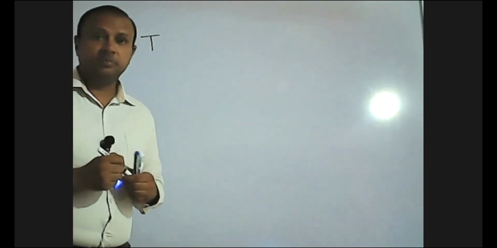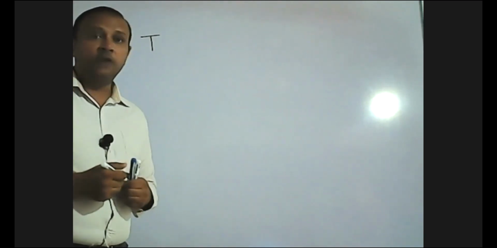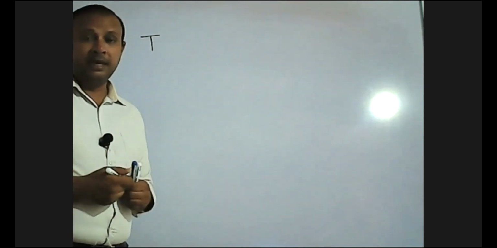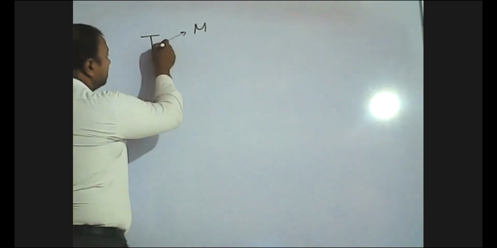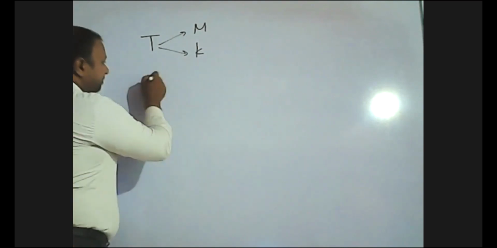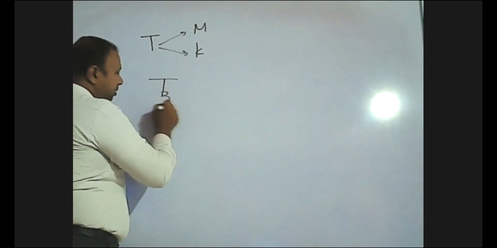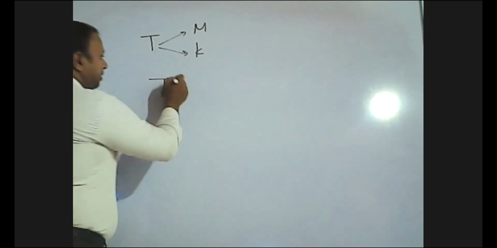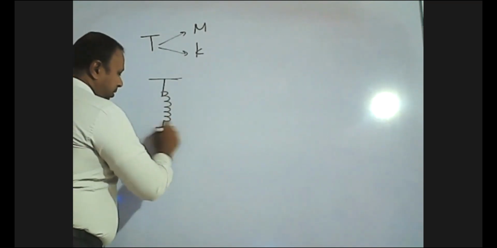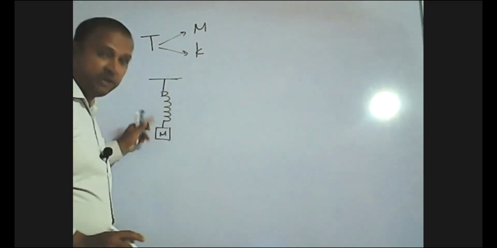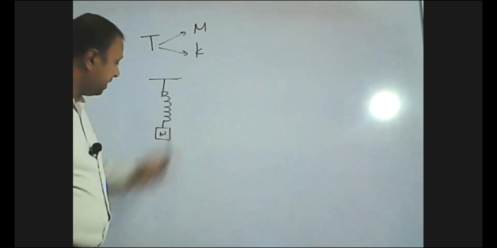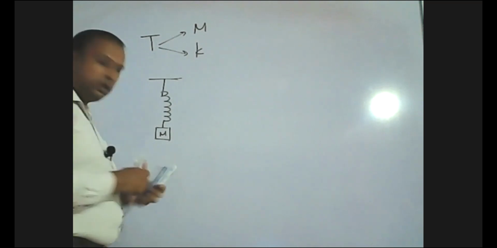The period of oscillation of a helical spring depends on the mass attached to it and the spring constant. Suppose there is a spring and a mass M is attached to that spring.